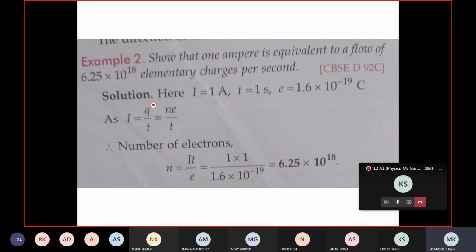So n will be equal to IT upon E. What is I? Current, that is 1 ampere. T is 1 second. And E is the charge on an electron, 1.6 into 10 raised to the power minus 19 coulomb.